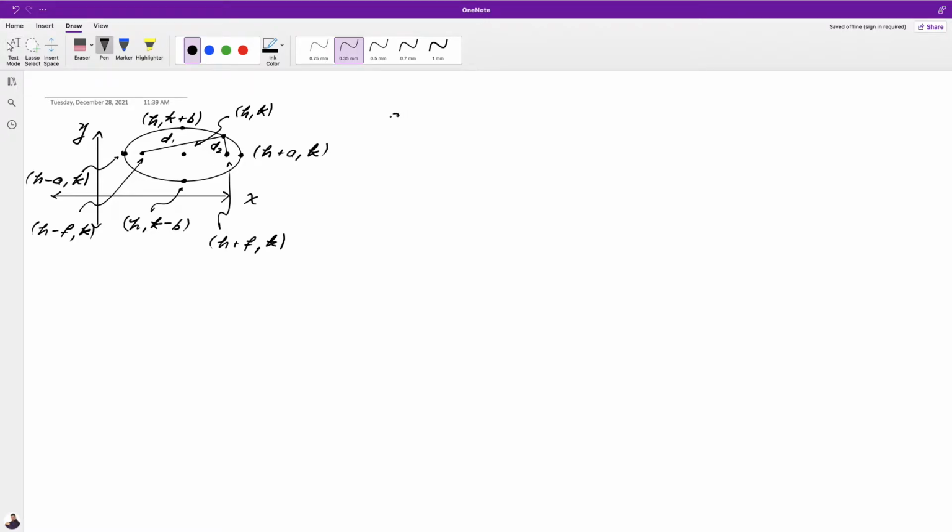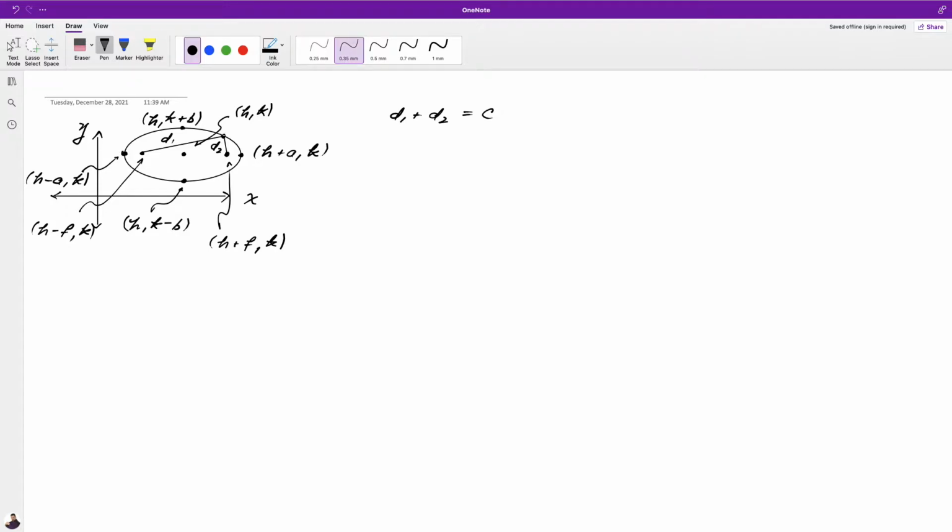So d1 plus d2 will always equal some constant. We'll call it c. Again, any given point in the locus has a sum of distances to the fixed points that is a constant.